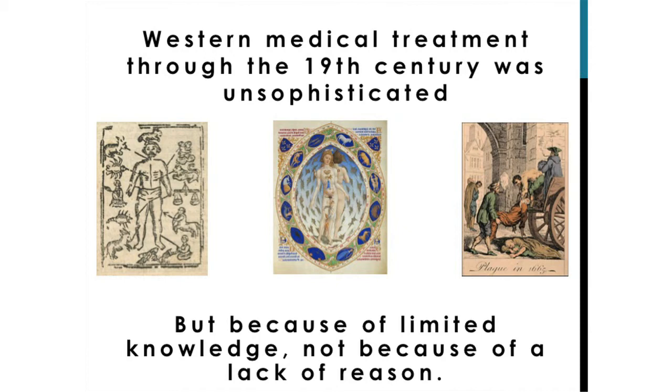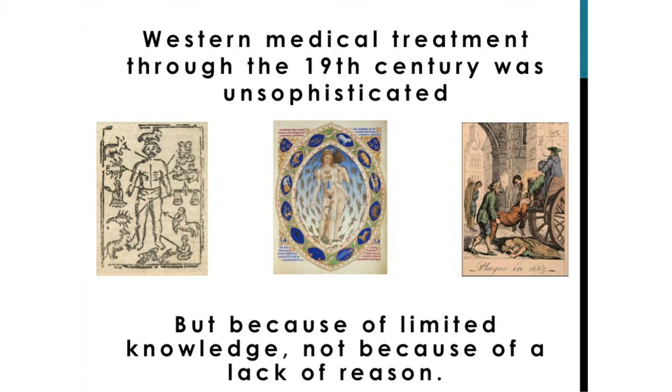You see the same Zodiac Man because after the collapse of the Roman Empire, most medical knowledge was based on Greek and Roman texts. Now you can see in the 1600s, the plague, the result of this lack of sophistication, resulted in a lot of social upheaval and change.